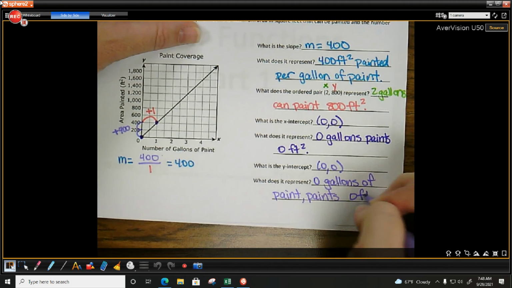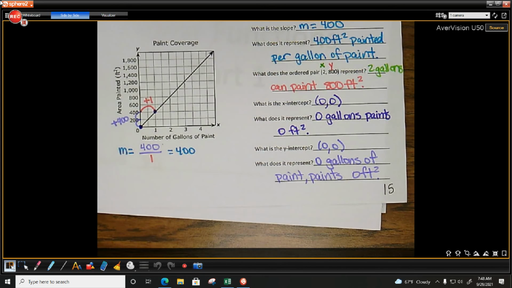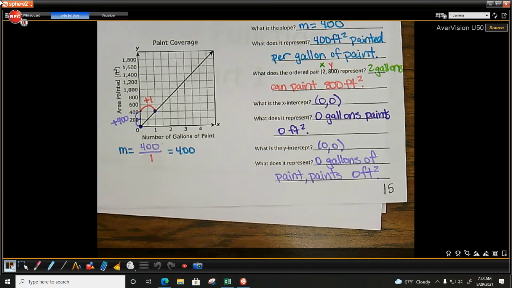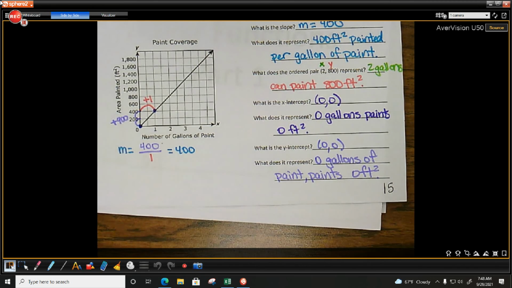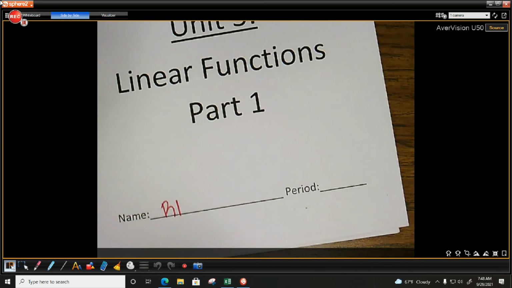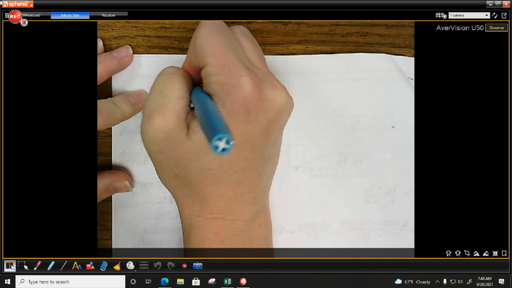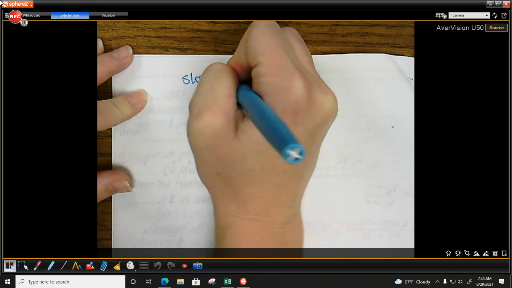So, on the back of our notes, let's write a little help, okay? So our slope is y per x.